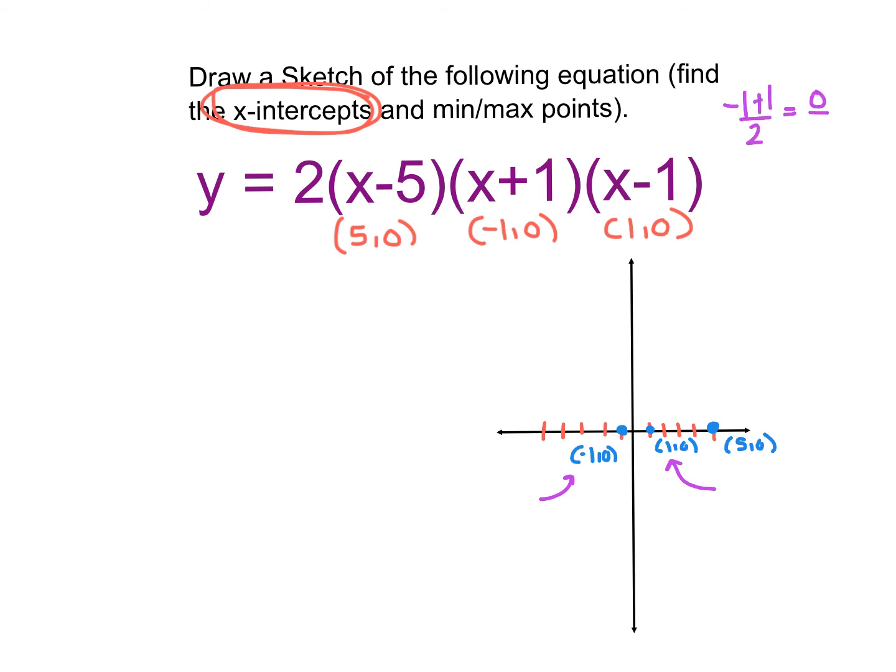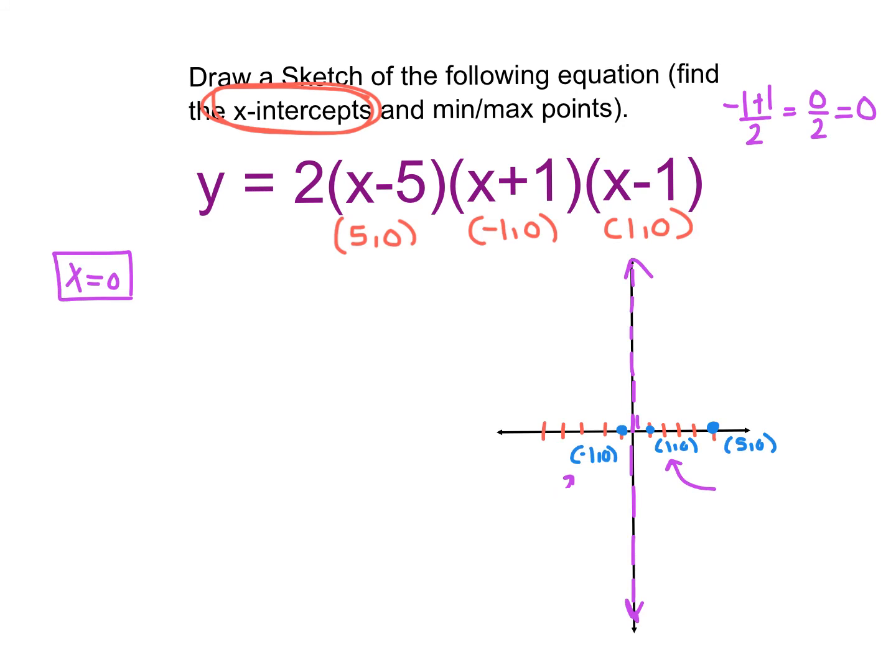That ends up being 0 over 2, which is 0. So here I have something that acts like a vertex point. It's going to be a local minimum or local maximum that's occurring right at x is equal to 0.